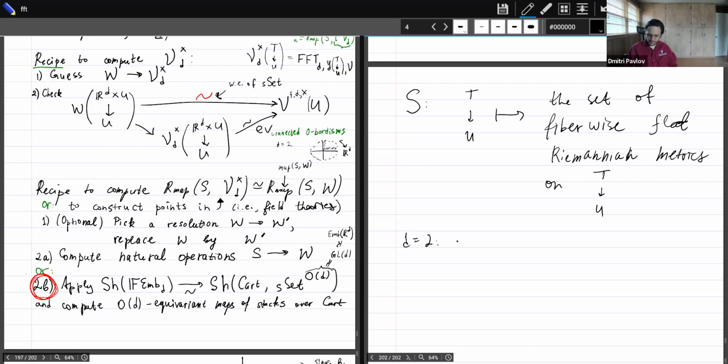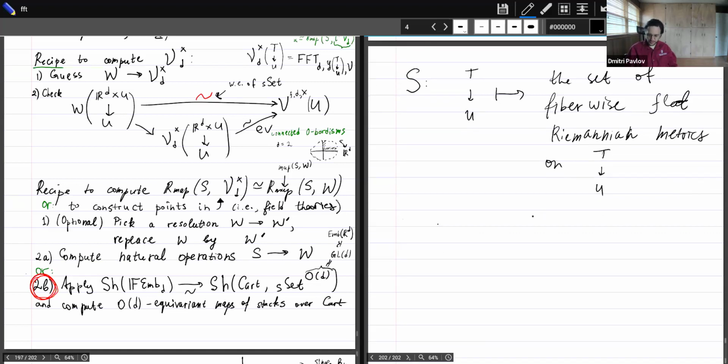This will be flat metrics on surfaces. So that's already interesting. This is an example of an unenriched structure, and this connects to the question by Alex an hour earlier.